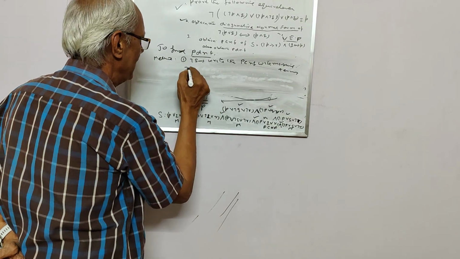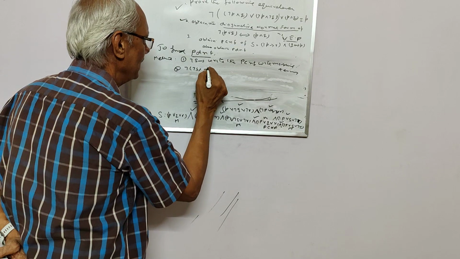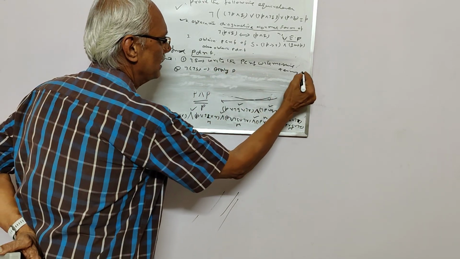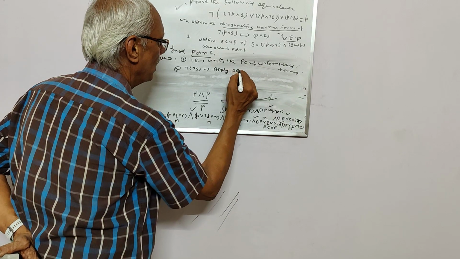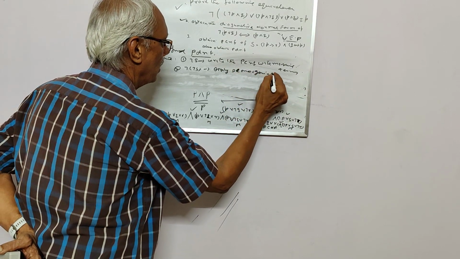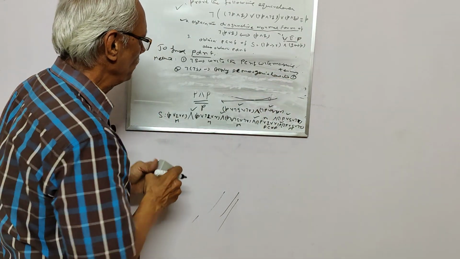Step 2: negation of negation, apply De Morgan's law to step 1. So what am I going to do now?